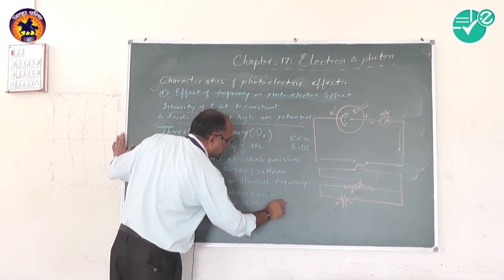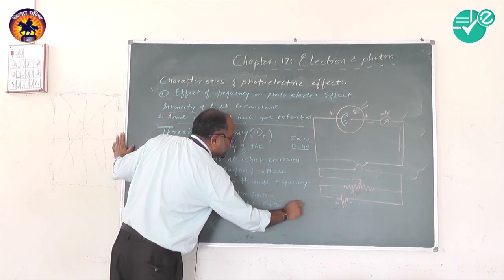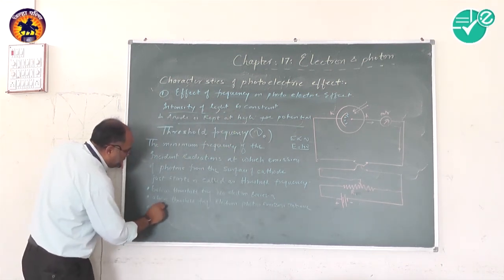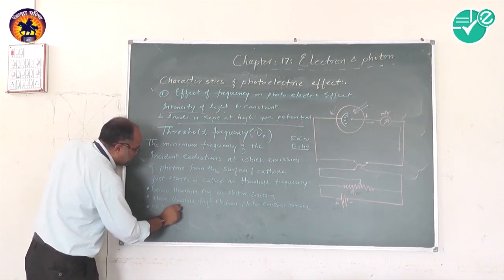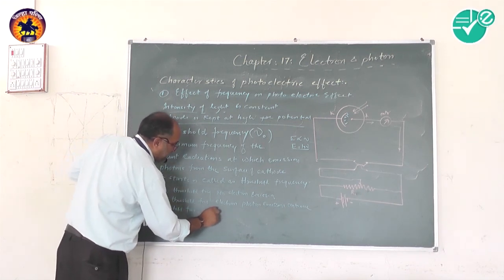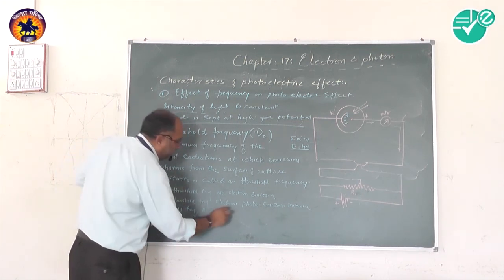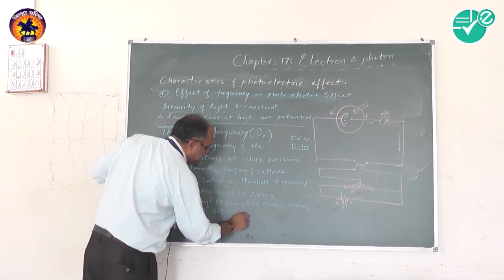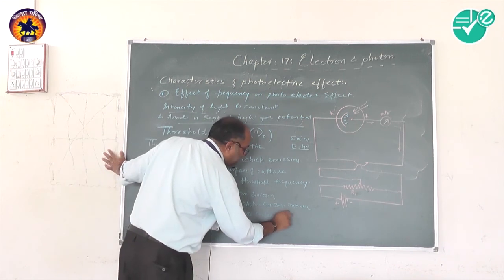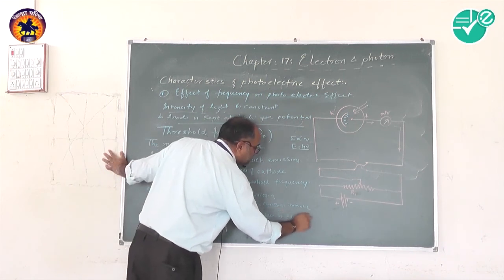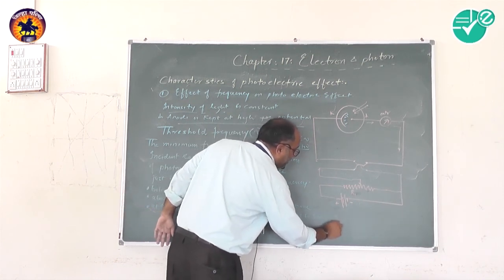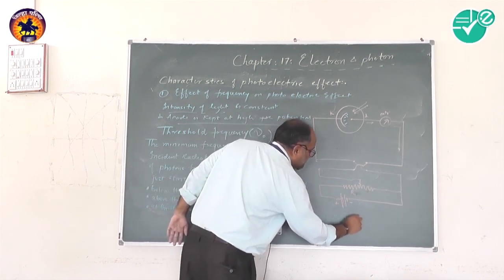Third, at threshold frequency, the binding energy of the cathode surface is equal to the energy of the incident radiations.